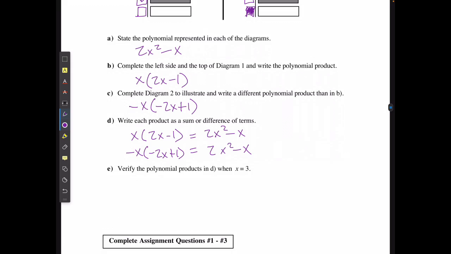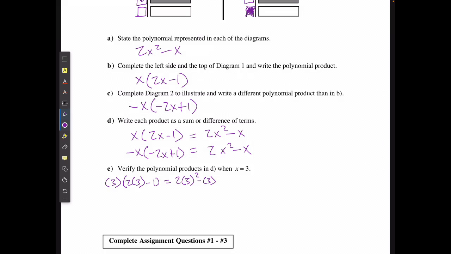Now, if I need to verify that this works, I'm just going to sub in 3 for x to see if it balances out on both sides of the equation. Let's do it for the first one first. If I said that I had 3 times 2 times 3 minus 1 is equal to 2 times 3 squared minus 3.